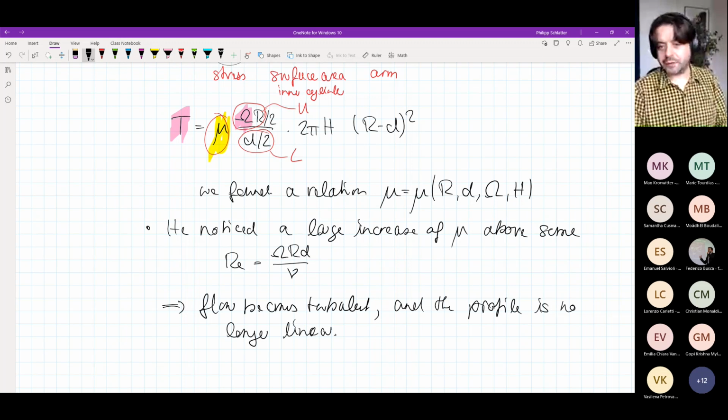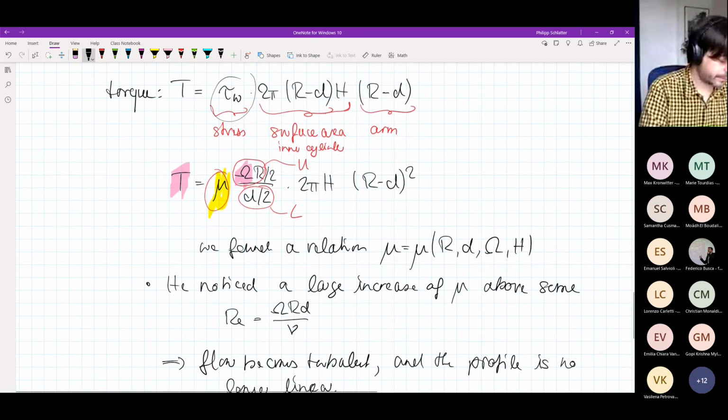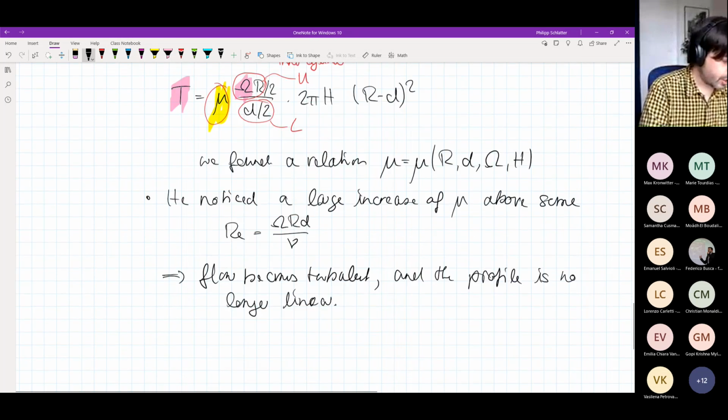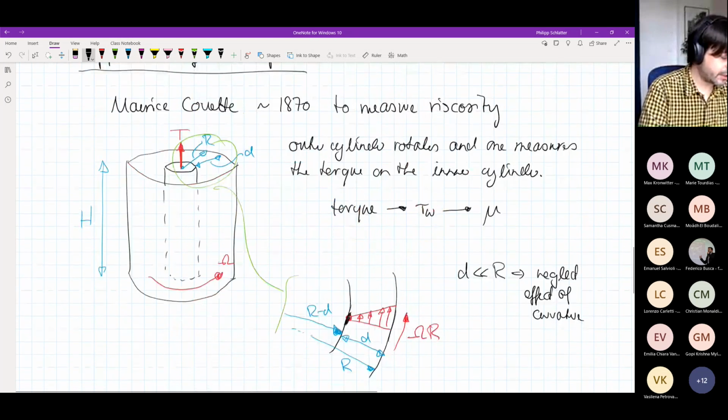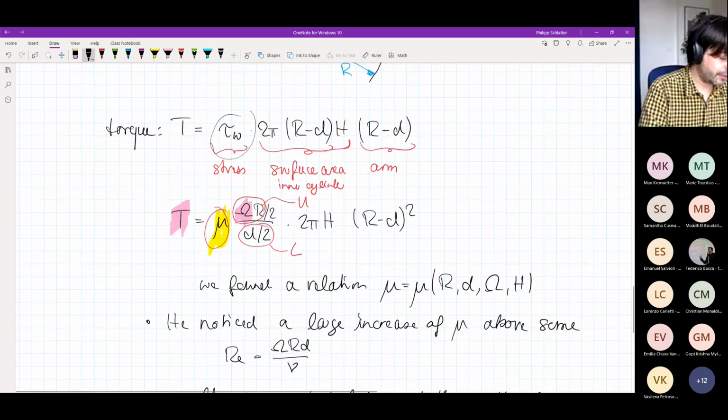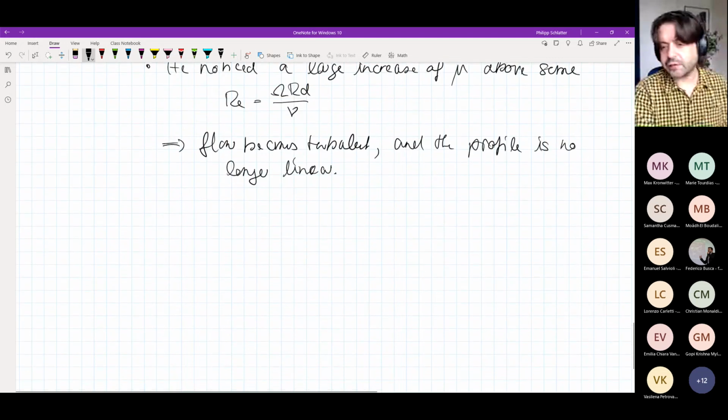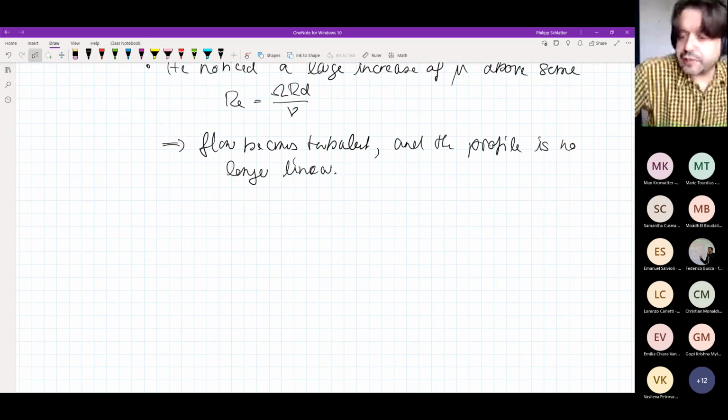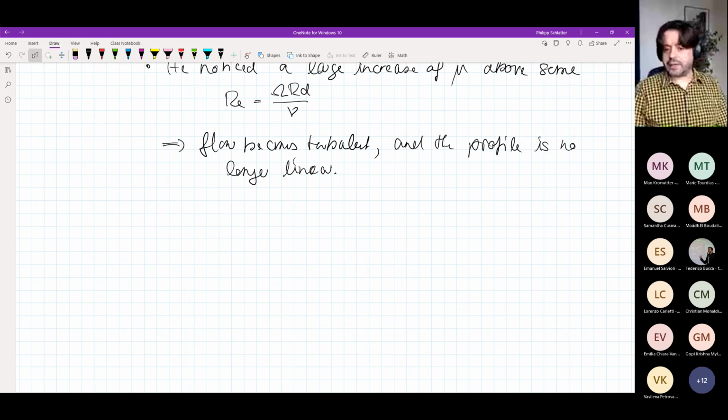But I think it remained up to Reynolds to come up with the final explanation of that. But he was very close to discovering those relations as well. Okay, so this was about the Couette way of measuring viscosity. And actually, measuring viscosity is still done in very similar ways these days. So not much has changed really.